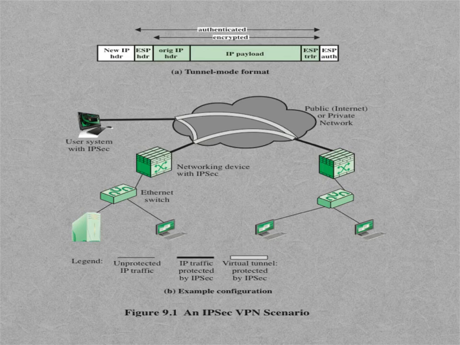So now I need to provide some IP level security. Okay? So here what I could do is to say, okay, I'm going to encrypt the IP payload, right? And leave the IP header exposed. So this is what we talked about.